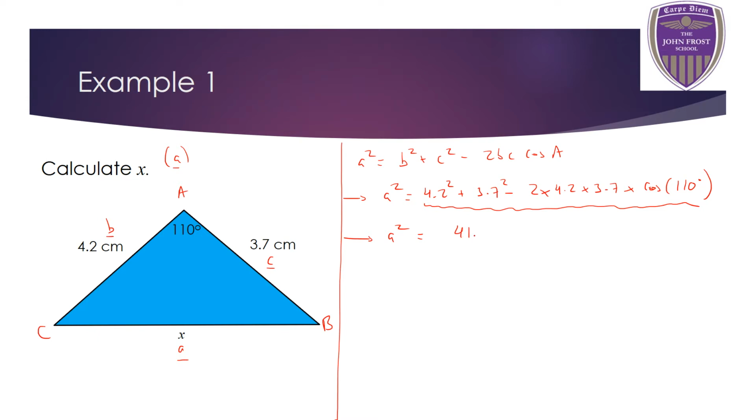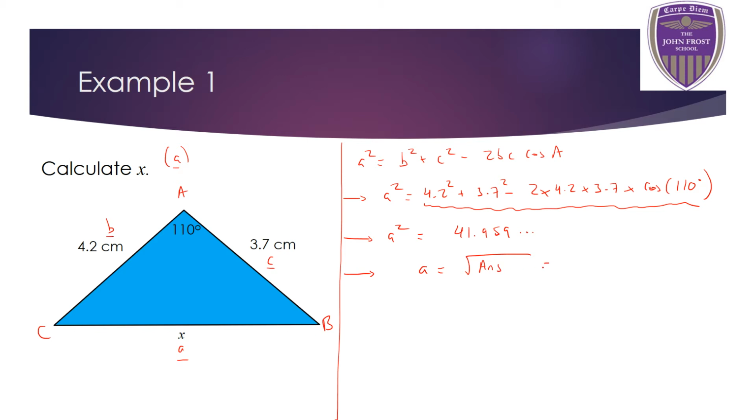I got 41.959, etc. Remember though, I don't want A squared, I just want A. So remember, to get rid of a square, just take the square root. All right, so on the calculator, okay, I would just do the root of the answer.